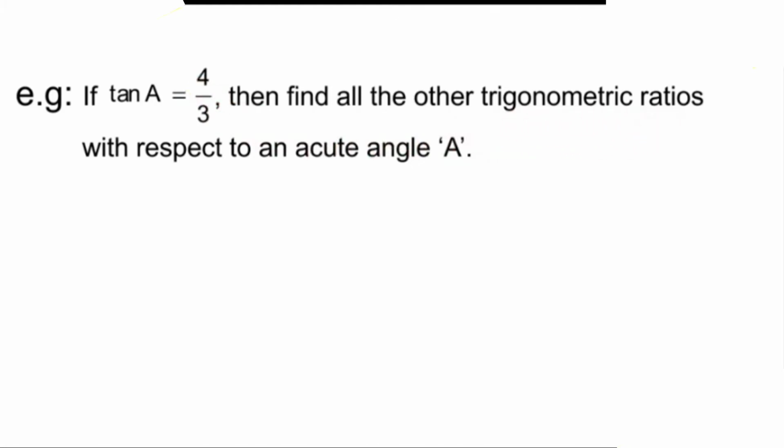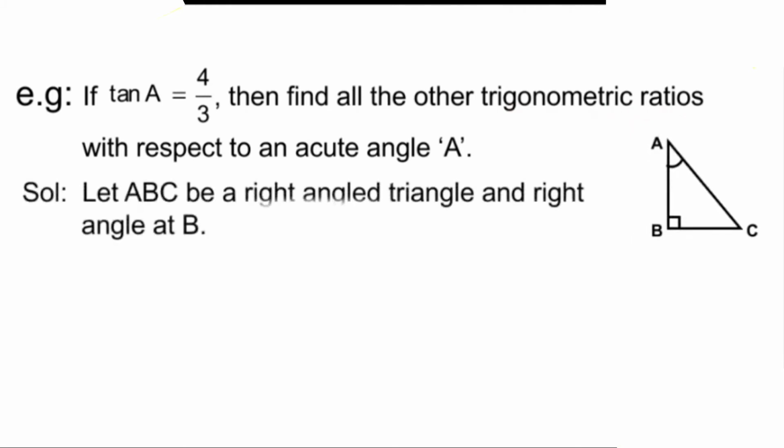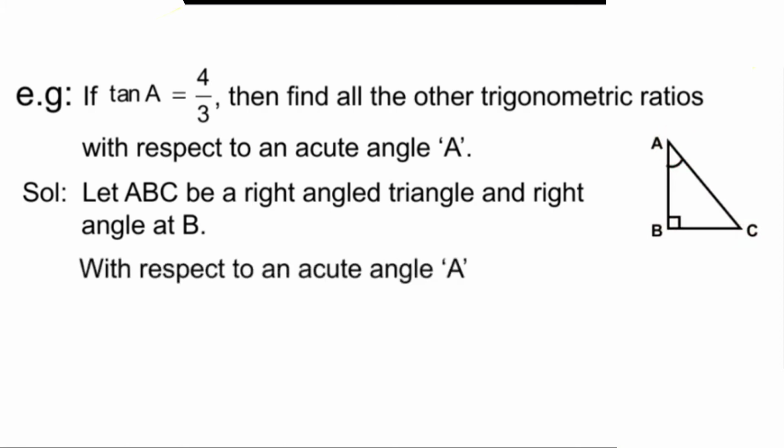So, let us start. Children, let ABC be a right angle triangle and right angle at B. Now, let us name the sides of a right angle triangle ABC with respect to an acute angle A.